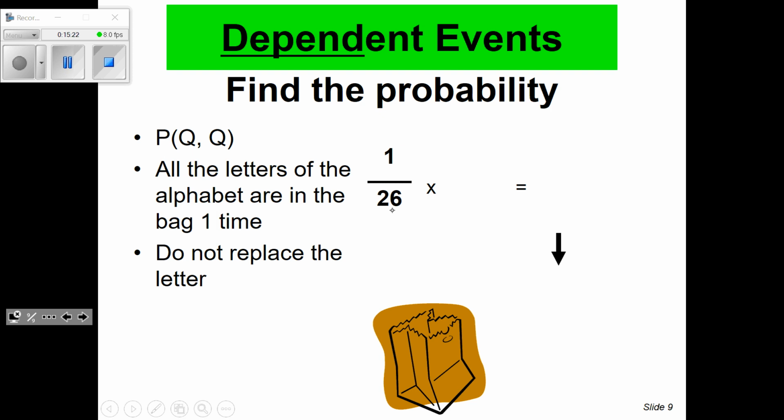And how many Q's are there? 0. So the probability of that happening is 0 out of 25. So when I multiply those together, what's the probability of this event happening? 0. And this one is a dependent, right? Because we did not replace what we drew the first time.